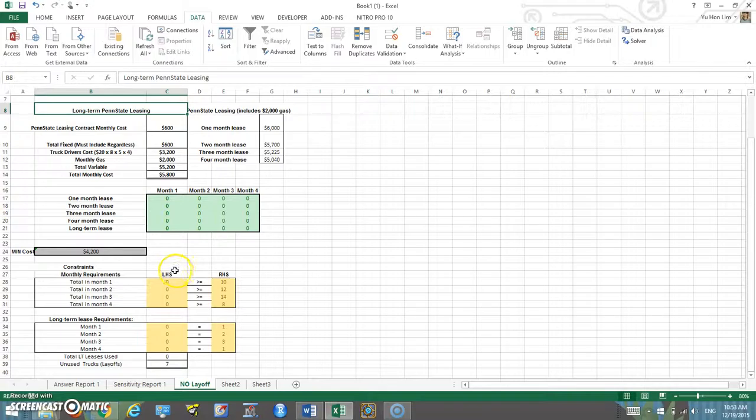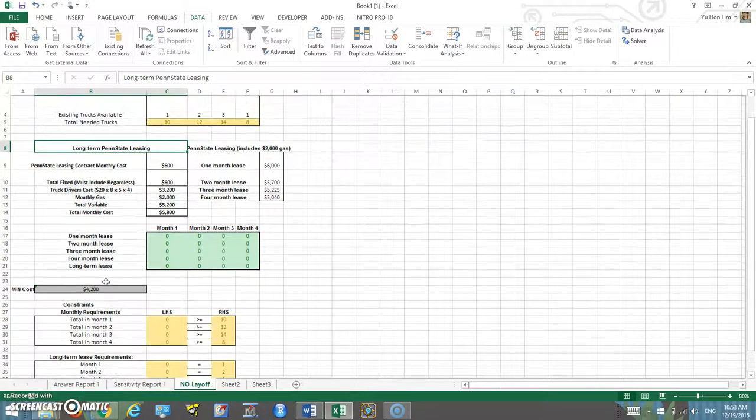First of all, there's a constraint: the left hand side has to be greater than or equal to the right hand side. One thing particularly interesting about this problem is that there's a linear relationship between the trucks. If you lease the truck in month one, you could not lease the same truck in month two, month three, and month four.